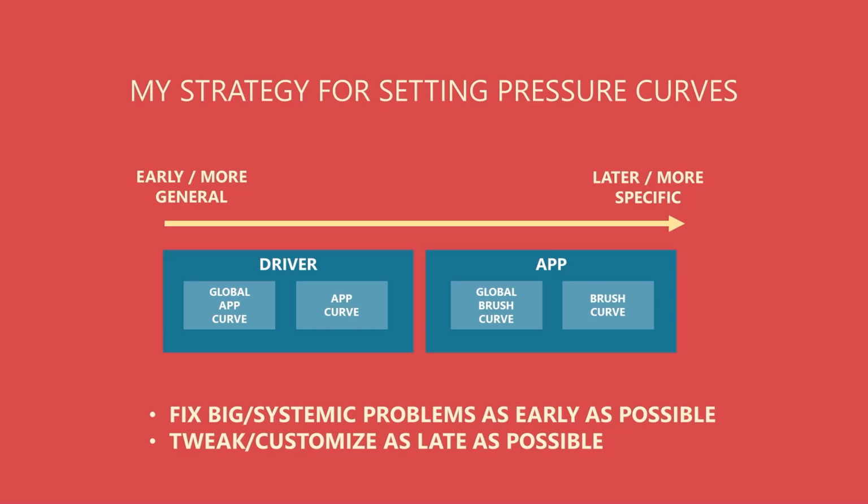My strategy has 2 simple tactics. Number 1, fix big systemic issues or problems as early as possible, and that means in the driver. And then number 2, tweak or customize as late as possible, and that means as close to the specific brush as possible.